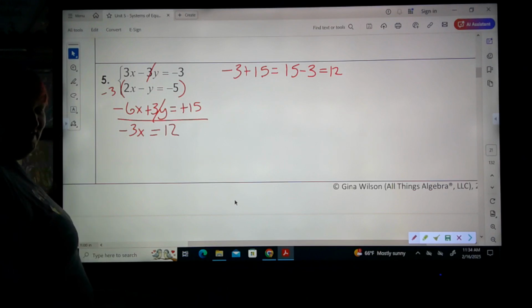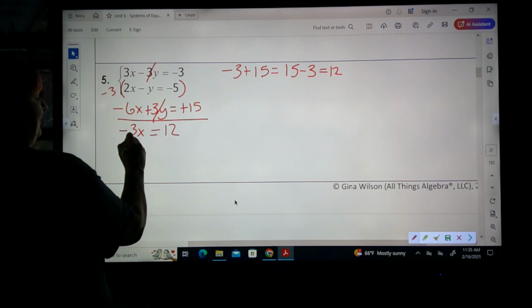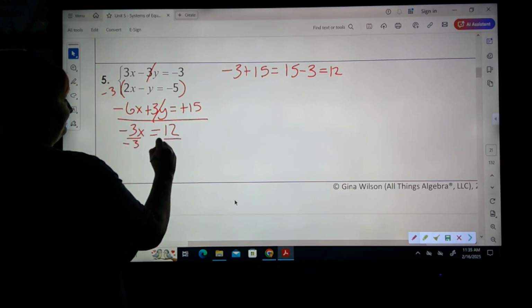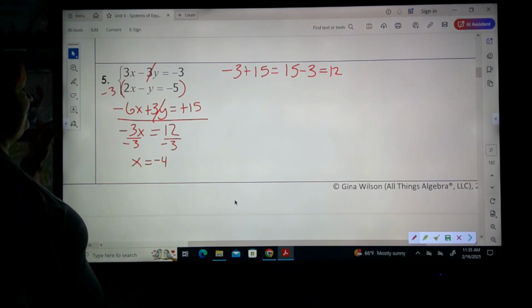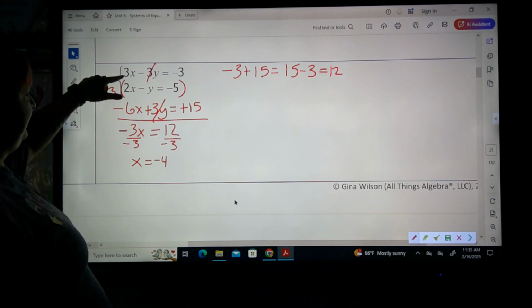Rearrange the numbers in your head until they make sense. Divide by negative 3. X equals negative 4.